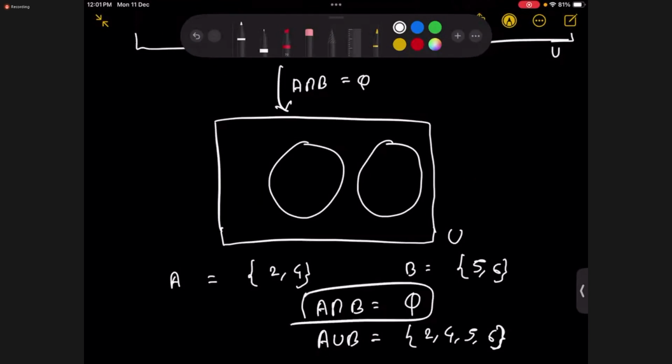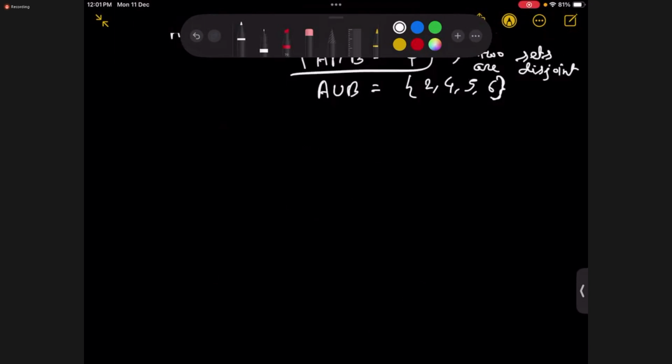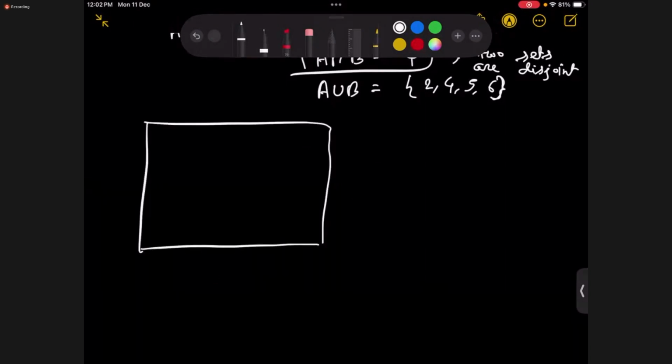If two sets are disjoint. Okay, and also check the Venn diagram for the containment relation. Like if I say that like this, this is our U. This is our blue A set, and this is the B set.